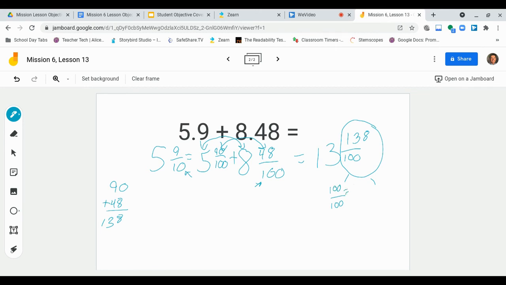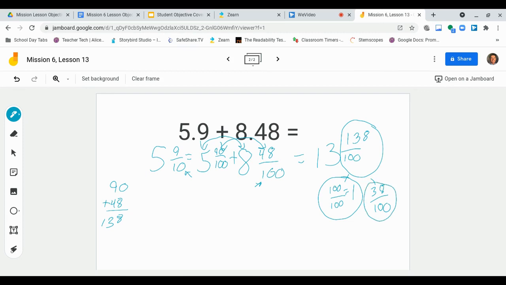So which is equal to 1 whole. And then if I had 138 and I took away 100, what am I left with? I'm left with 38 hundredths, because 138 minus 100 is 38.